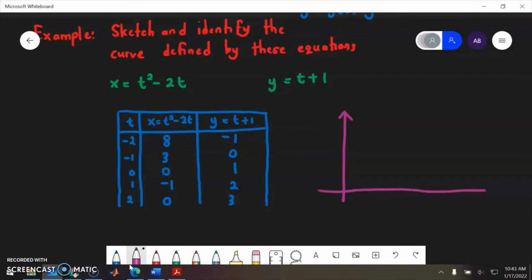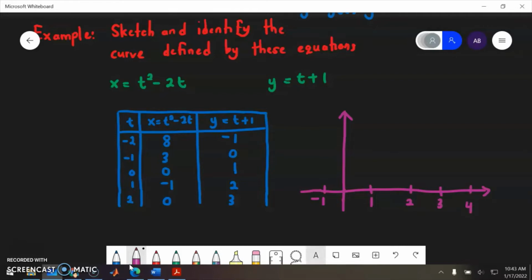We're going to sketch it with all the information we have obtained, the points. Remember, these are your x and y points. So we have 0, minus 1, and then 1, 2, 3, 4.